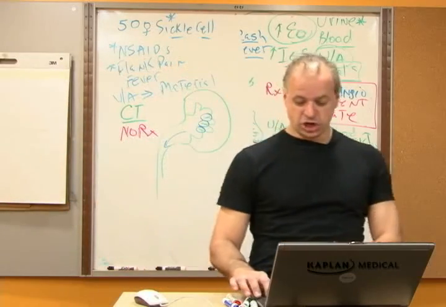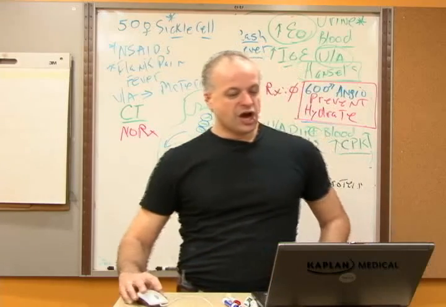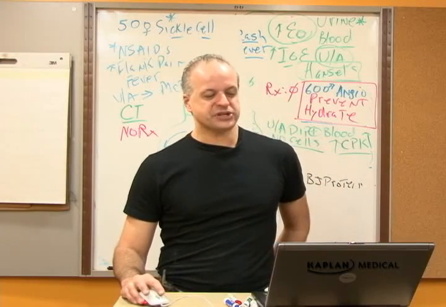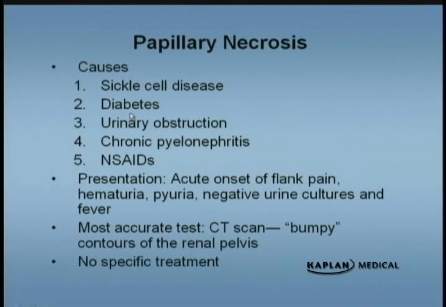Papillary necrosis, no treatment. Oh, look at this. What a shock. Papillary necrosis, sickle cell disease, and diabetics. This is really saying, hey, who's got underlying renal disease? Sickle cell, diabetes, obstruction, chronic pyelonephritis, all underlying renal disease.